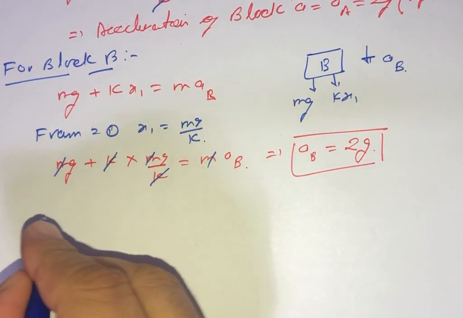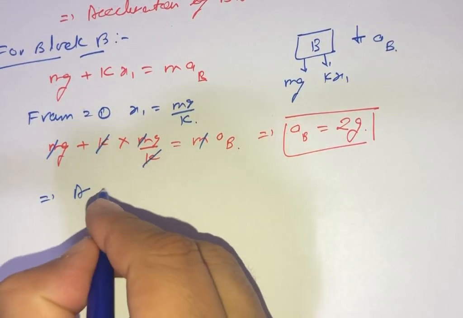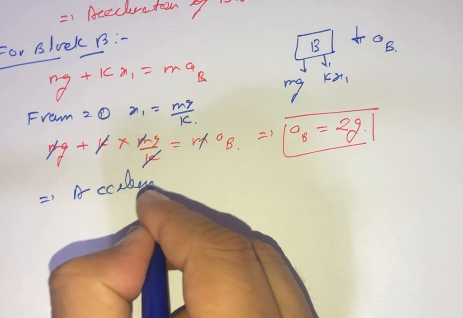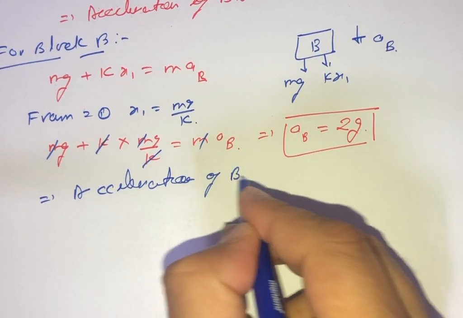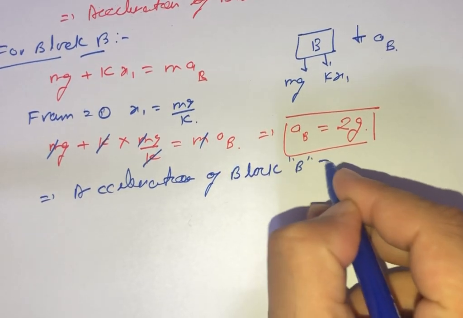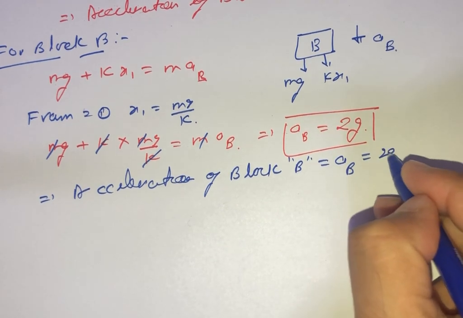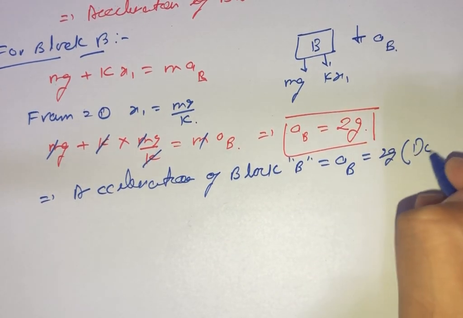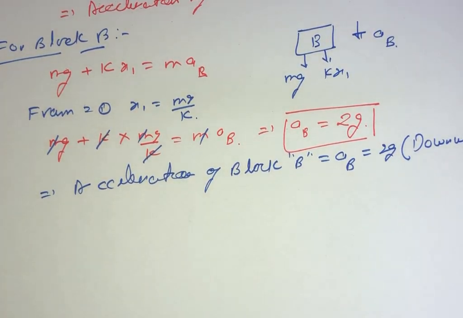So the acceleration of block B, which is equal to aB, is 2g in the downward direction. Okay. Now our next is for block C.